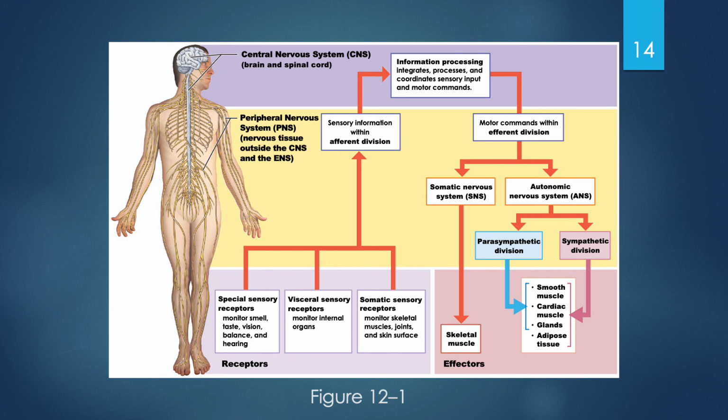That will be divided into either the somatic nervous system if it's going out to our skeletal muscle, or the autonomic nervous system if it's going out to any other parts of our body, such as smooth muscle, cardiac muscle, etc. Those autonomic nervous system messages will either be through the parasympathetic division to rest and digest, or through the sympathetic division telling you it's time for fight or flight, so get busy and get active.